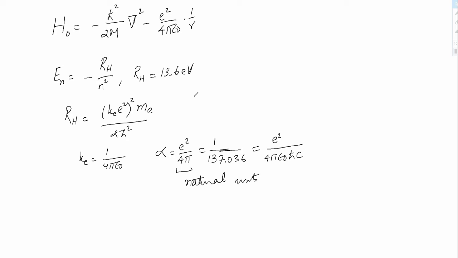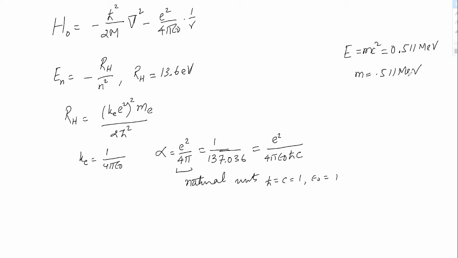In natural units, h cross, c and epsilon naught are all taken to be equal to 1. For example, E equal to mc square we know. For electron, this is equal to 0.51 MeV, but in natural units I will write it as 0.511 MeV.